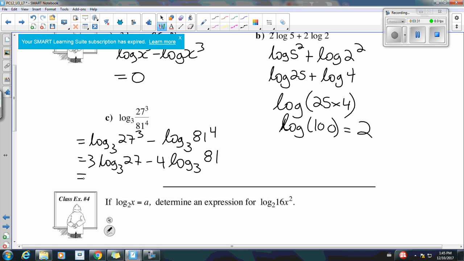And now we can start evaluating things. Log base 3 of 27 is 3. Log base 3 of 81 is 4. So this really becomes 9 minus 16, which is equal to, whoops, sorry, not -5, -7.